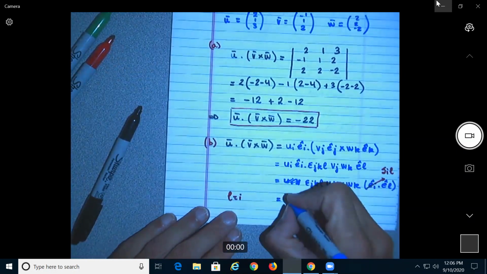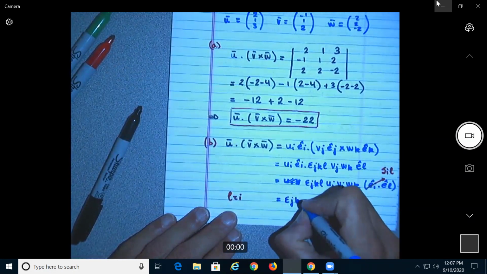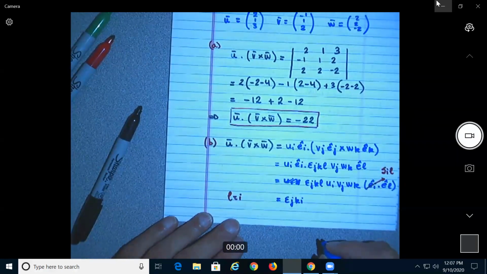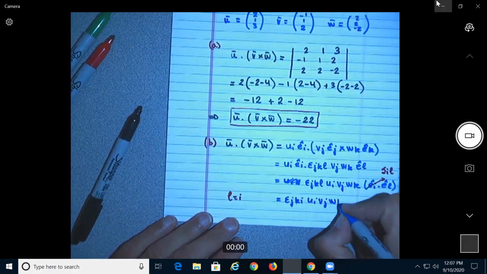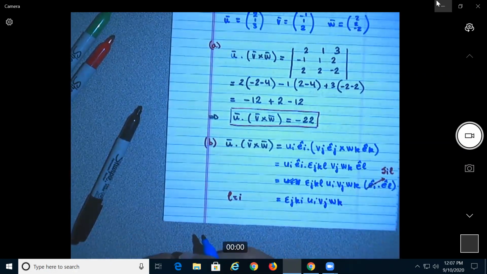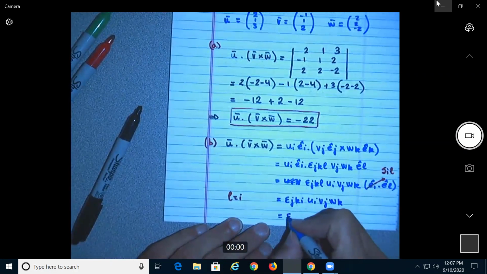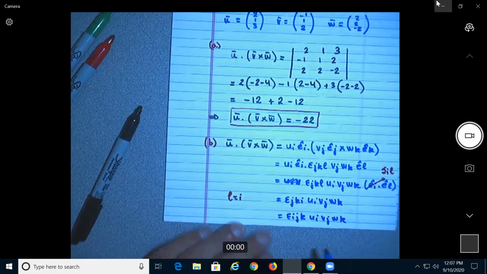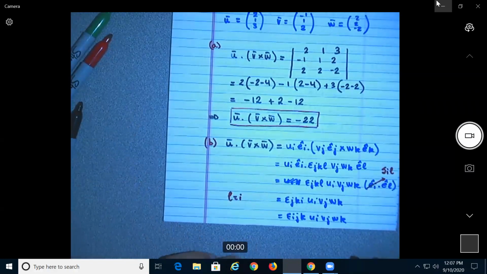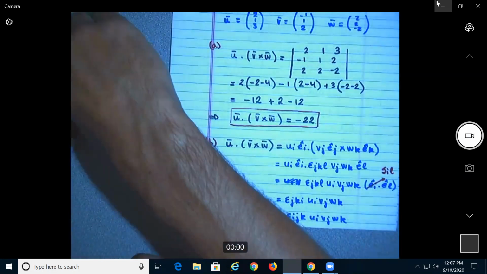Epsilon of J K I, U sub I, V of J, W of K, which is the same thing as epsilon ijk, u sub I, v of J, w of K. All right, so I know we have done that before, but let's just do it again.